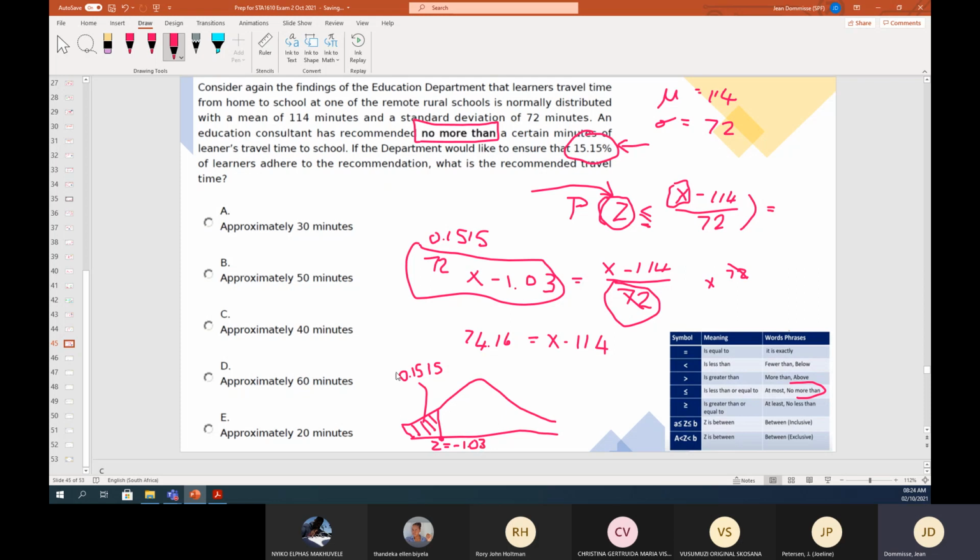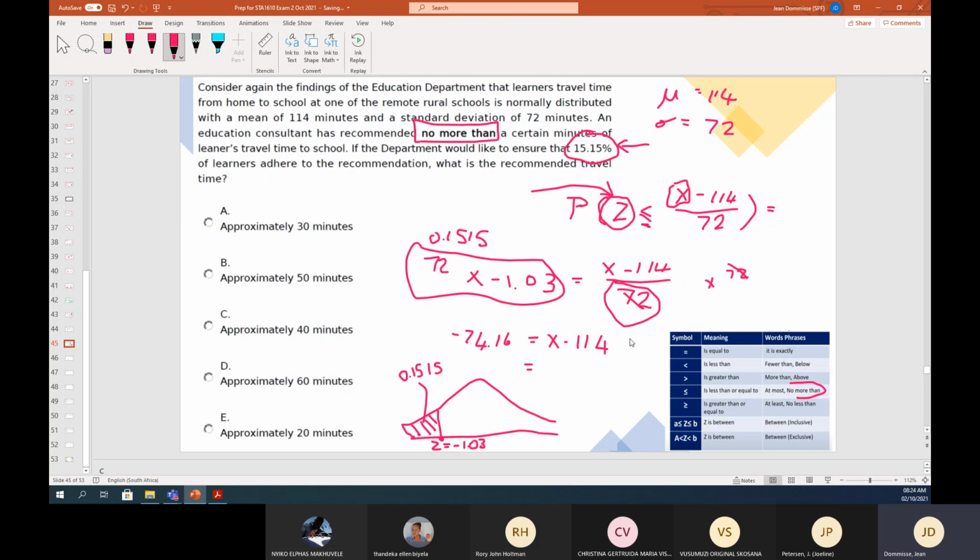So again, if you draw the diagram, you will not make that mistake. Else, it's very easy to make that mistake of taking the wrong value. Luckily, in this instance, if I worked with the positive, there wasn't an answer. That's why I was like, what did I do wrong?